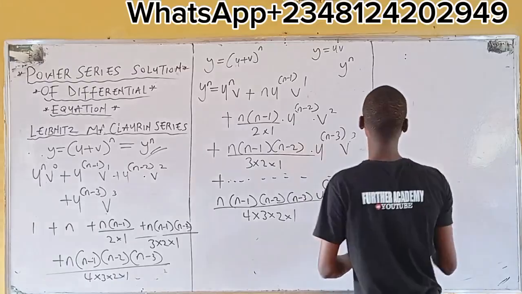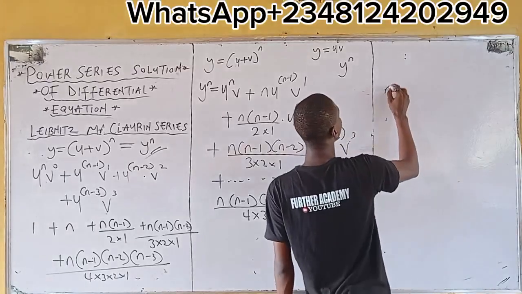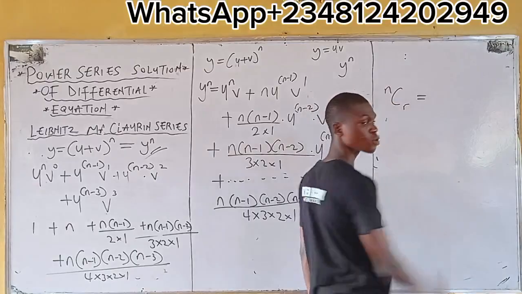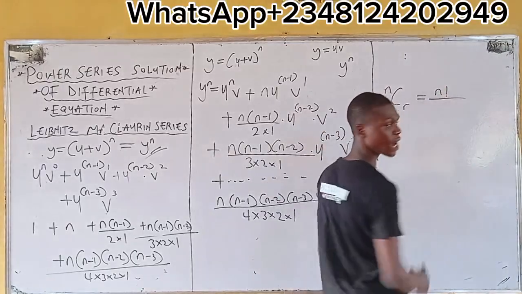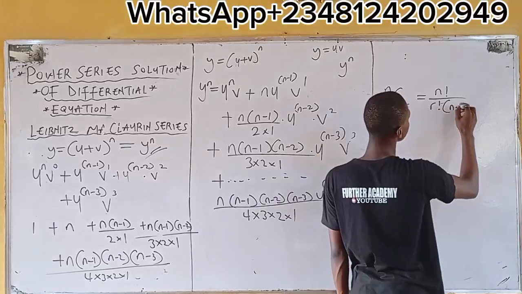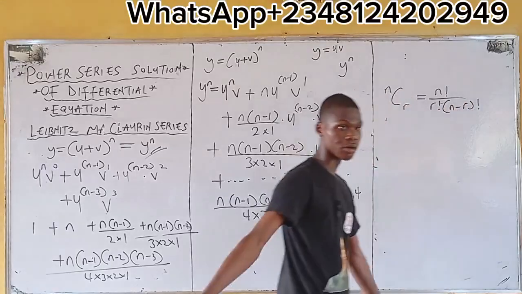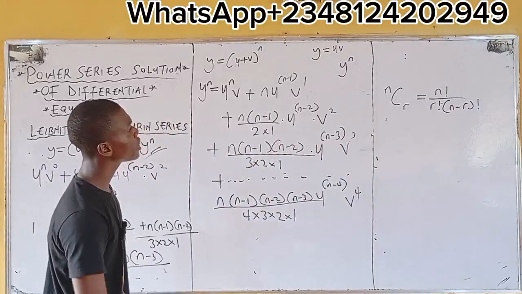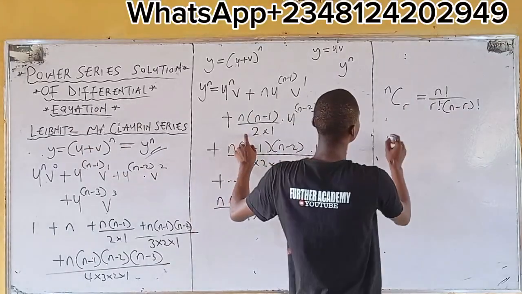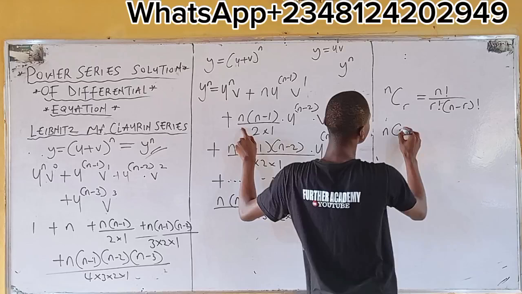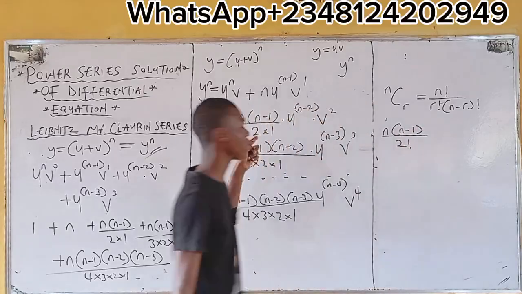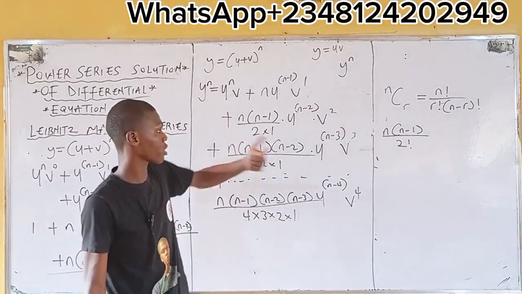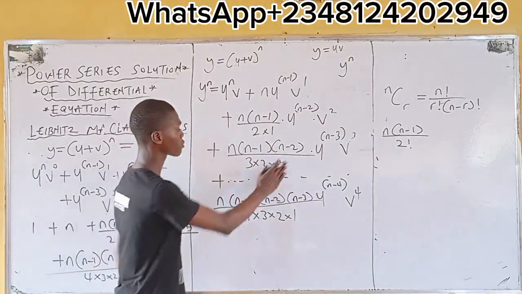We are saying that because n combination r is equal to n factorial divided by r factorial all into brackets n minus r factorial. So with n into bracket n minus 1 all divided by 2 factorial, I can write this as 2 times 1, 2 factorial; 3 times 2 times 1, meaning 3 factorial.